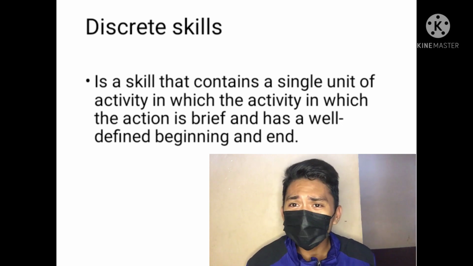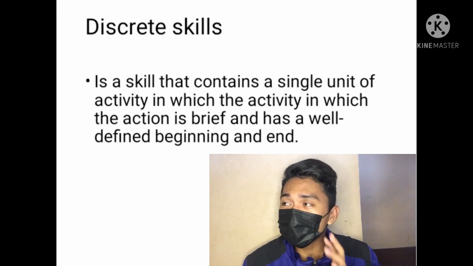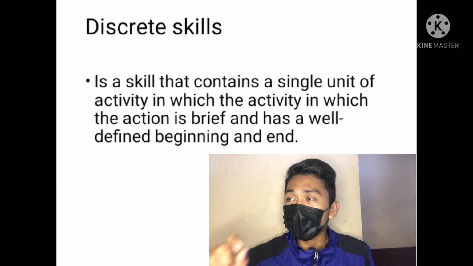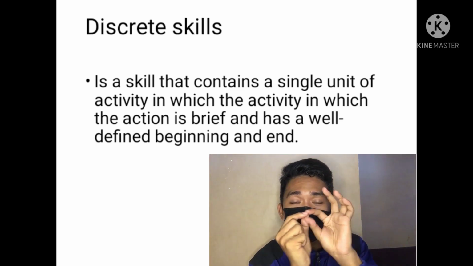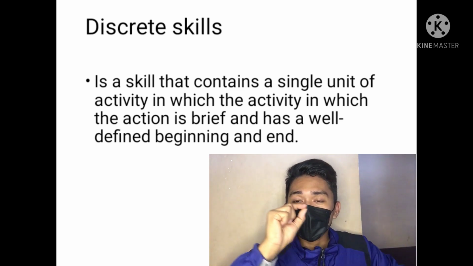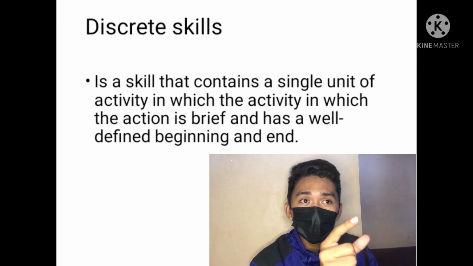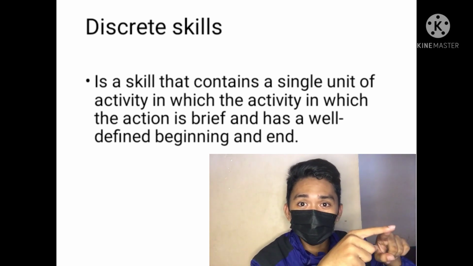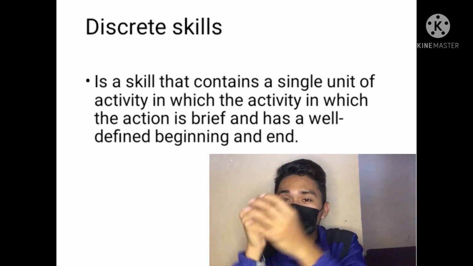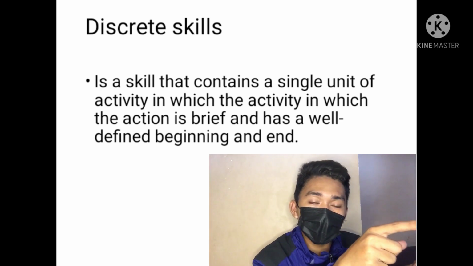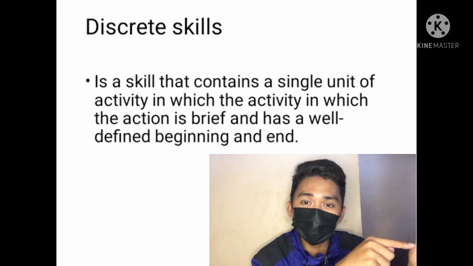Discrete skills are like, for example, darts. When we hold the dart, the pointed part in your hand, that's the beginning. When we throw the dart, it lands on the circle, so that's the end. From your beginning to your release of the dart, that's the end.